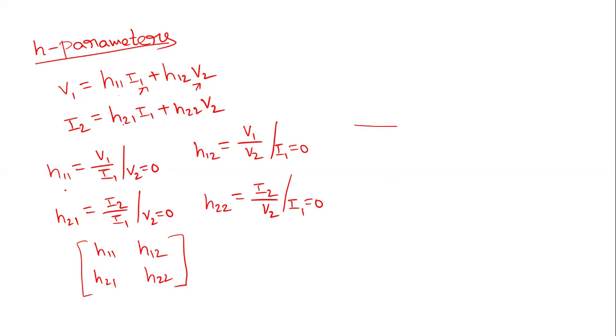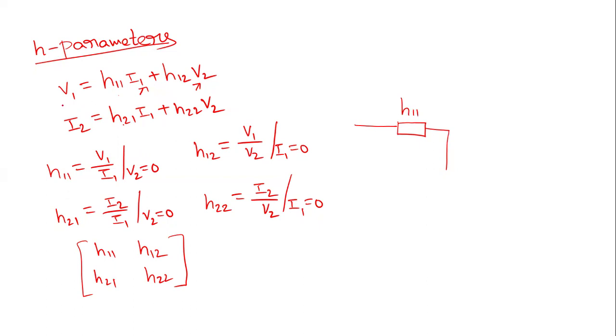Okay, so we can represent this H parameter model in the circuit representation. These two equations can be represented in circuit form. If you observe H11, this is V1 by I1, so this is like an impedance. This is H11.